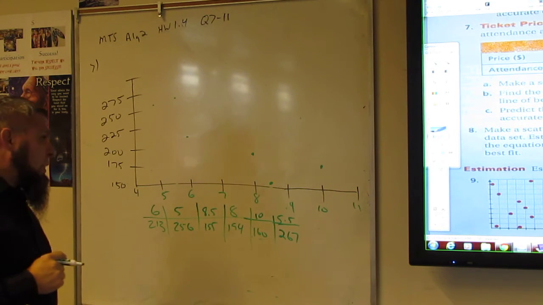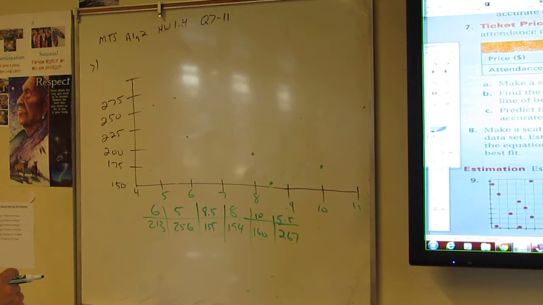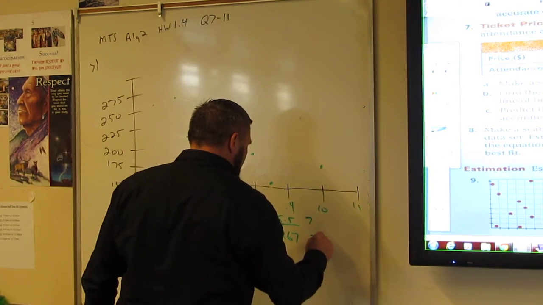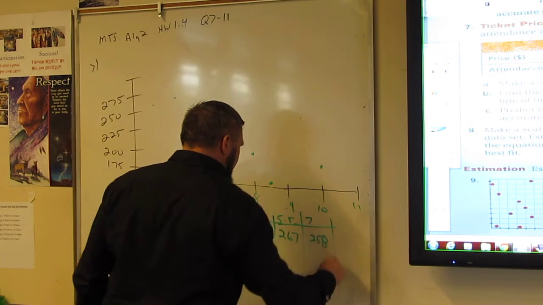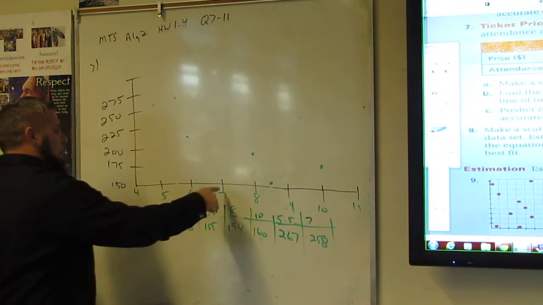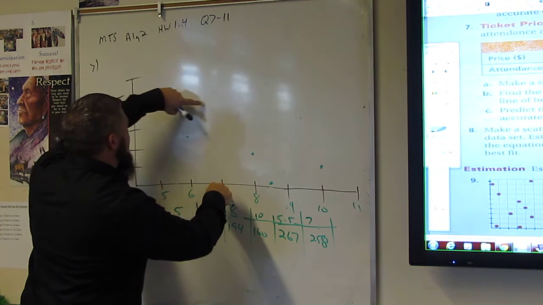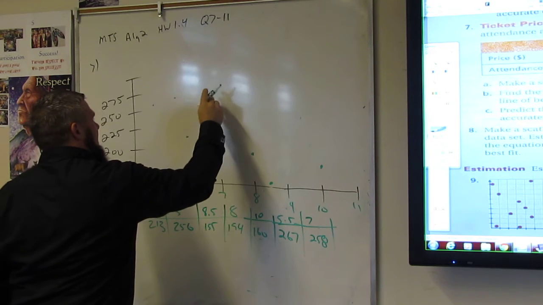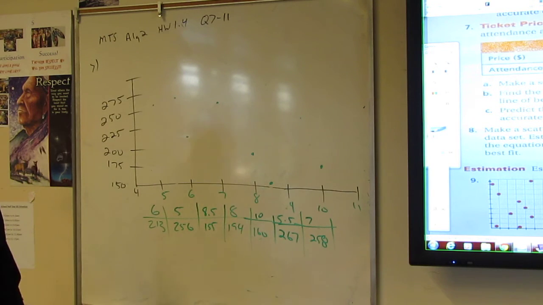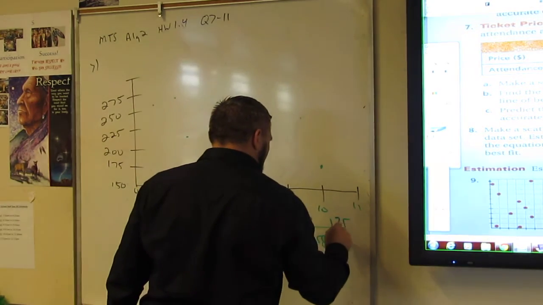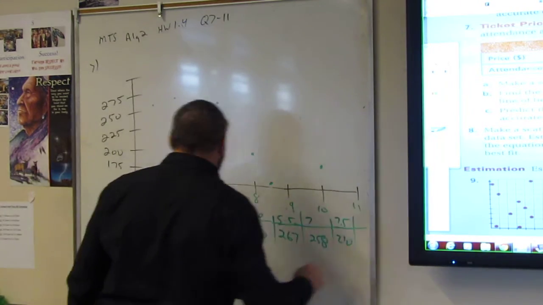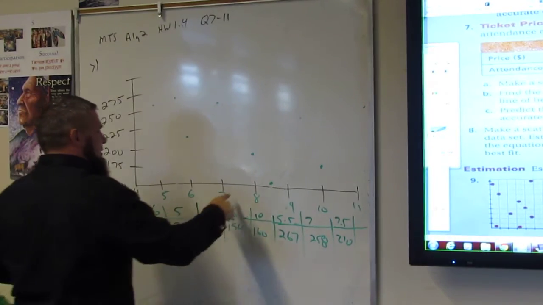Okay? And then 7 and 258. 7 and 258, just a little bit above 250, maybe in there somewhere. Okay. And then 7.5 and 210. 7.5 and 210.